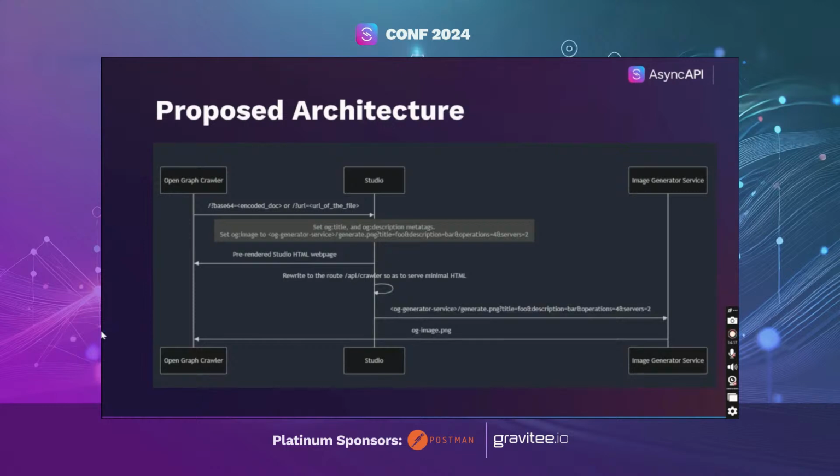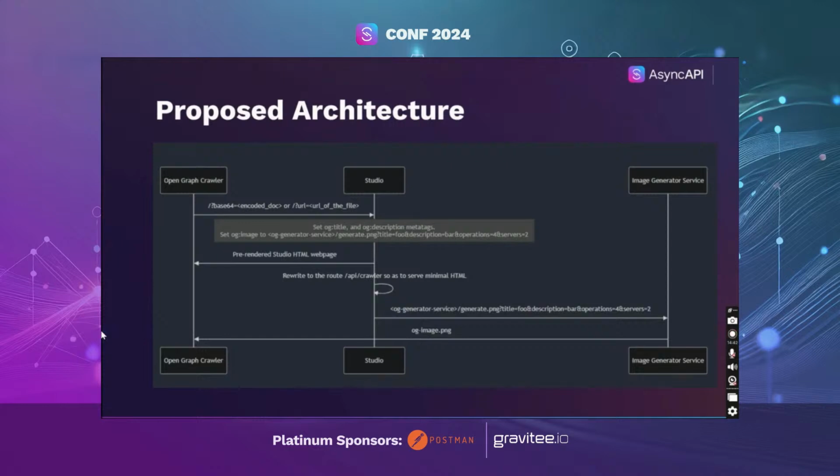Rewrite is essentially for a specific user agent when it's trying to hit a particular URL. So our approach was that when there is a specific user agent, in this case an Open Graph crawler, trying to access the URL that the user has shared, then it gets redirected to a separate route.